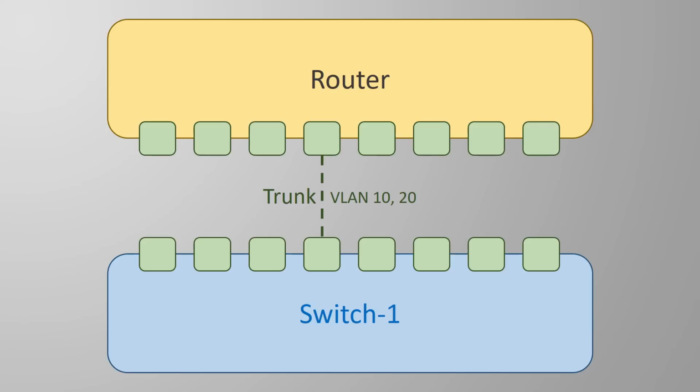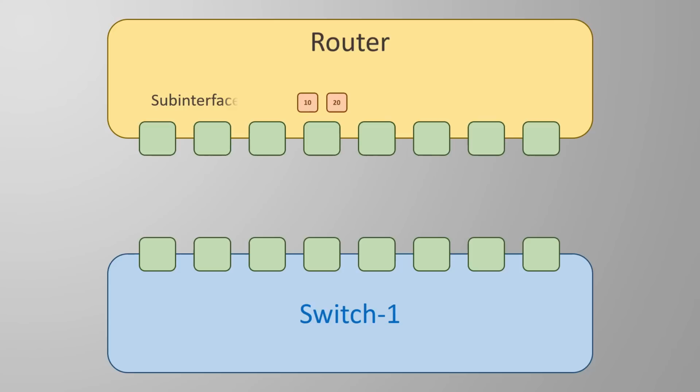The router's physical interface is connected to the switch, but the physical interface can be divided up into several virtual sub-interfaces. This is very similar to how we divided our switch into several VLANs. On a router, we divide up interfaces and we map each one to a different VLAN. And once we have several virtual interfaces, we configure them independently.